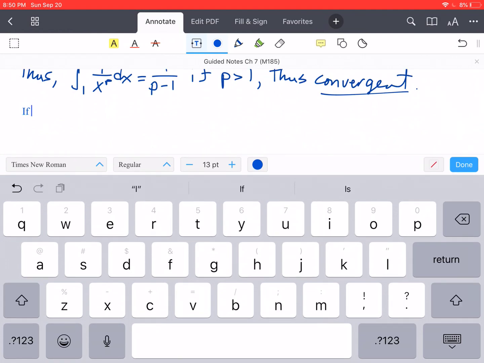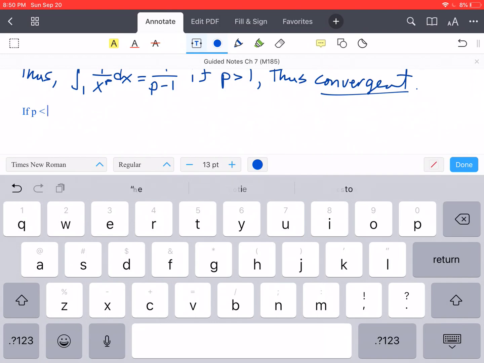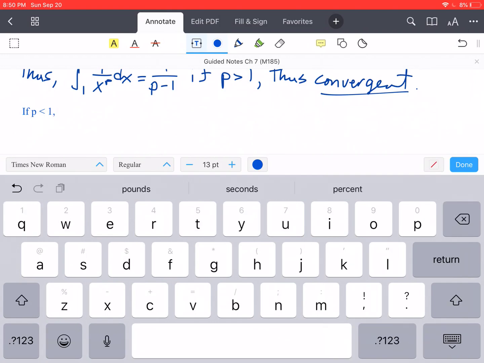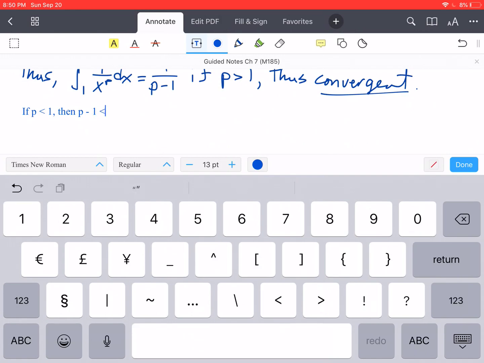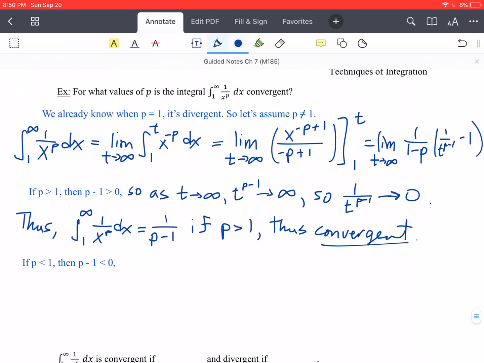So if p is less than 1, then p minus 1 is less than 0. And we're going to make a similar argument here that we did just a second ago.